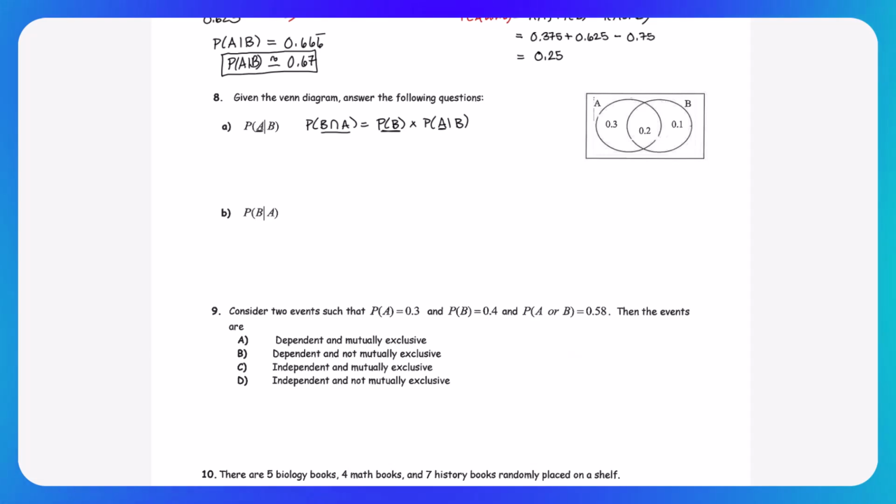So putting in the things we know. Well, we know the intersection. The intersection is 0.2, so we're going to put 0.2 right there. And for the B, now the B is the entire circle right here, so it's everything right inside this circle. So we have to add the 0.1 to the 0.2, and that's going to give us 0.3. And that's still times the probability of A given B. And we're going to divide both sides by 0.3.